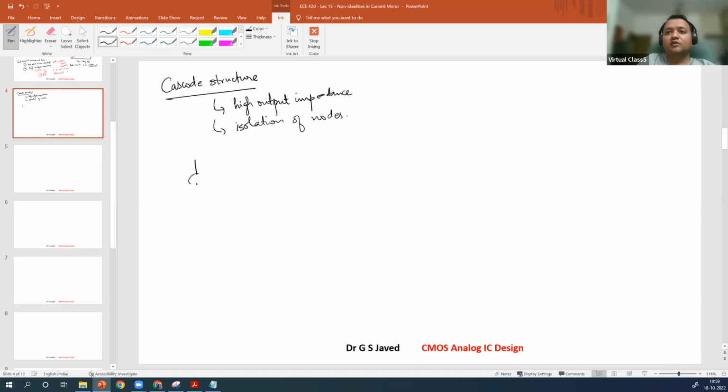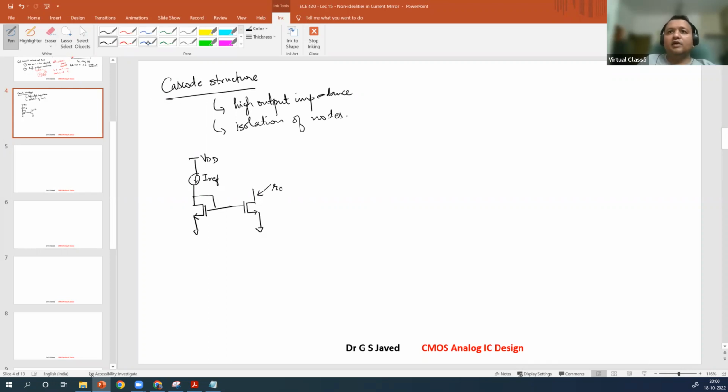So the first thing we will do is, let's redraw the circuit with IREF. This will be VDD. In this circuit, you will now get the output device. Now, to improve the R out of this, what is the R out here? This is the R out impedance here.